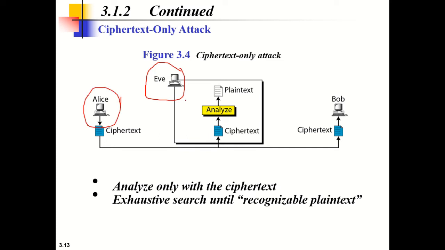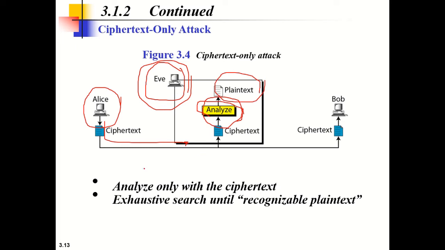Okay, so what Eve will do is simply analyze the ciphertext which is being sent by Alice. It will try every match for this ciphertext and try to create a corresponding plaintext for it, which will be meaningful.